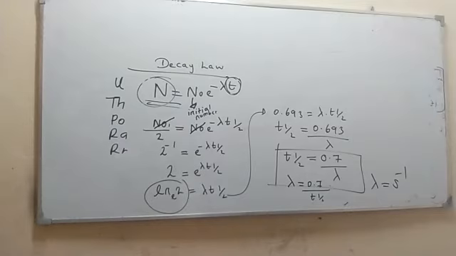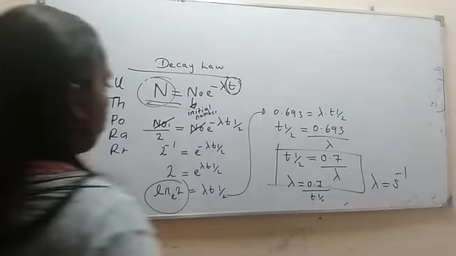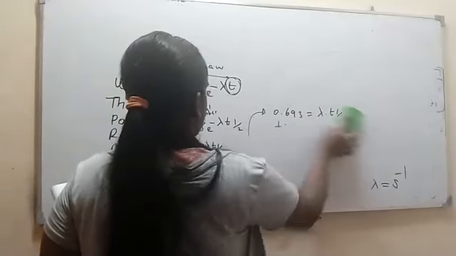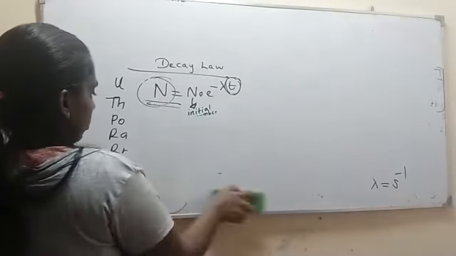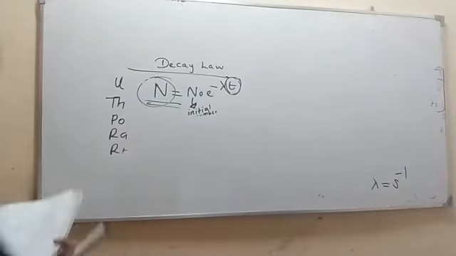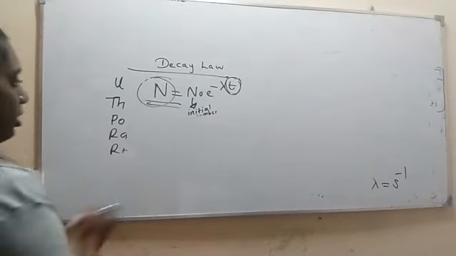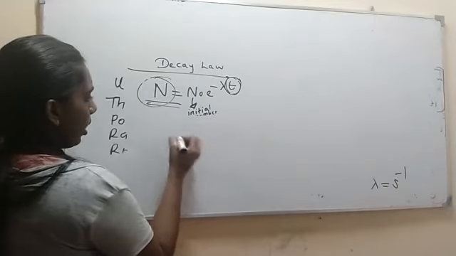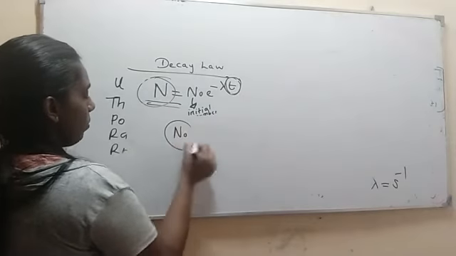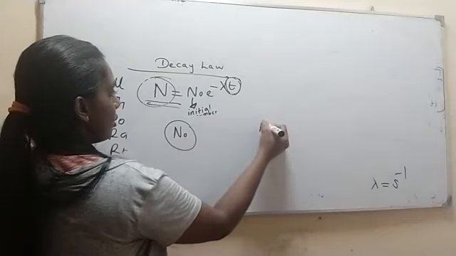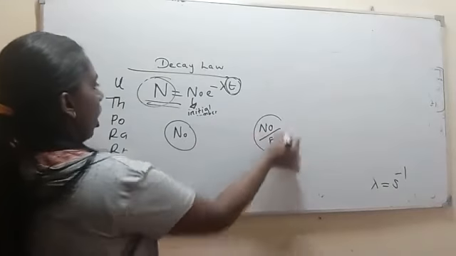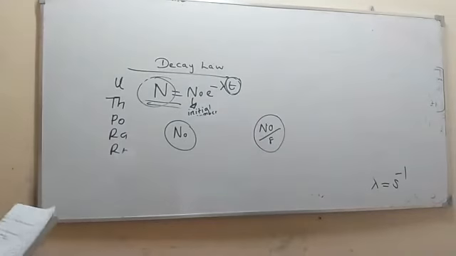Now sometimes they may ask questions like this also. Initially, there are n naught molecules of a particular element. Now, it is n naught by 8 after a particular time period. So, how many half-life cycles have taken place?